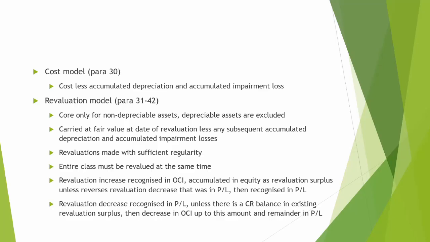Because they're in the same class, they both apply the revaluation model. That is what we've chosen for them. And they both need to be valued at the same time. So in January, you perform that valuation. And so therefore, the sufficient regularity clause would be per class of asset as opposed to per individual asset.